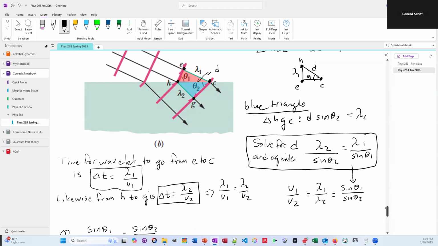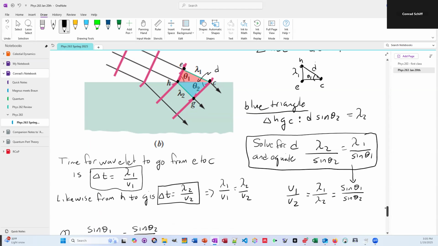So the amount of time it takes the wave front that is coincident with the point E to travel to the point C is, well, it has to go lambda 1, and it's traveling at v1. That's its speed. So the time elapsed to go from E to C is lambda 1 over v1. And you can make the same argument. How long does it take to go from H to G?